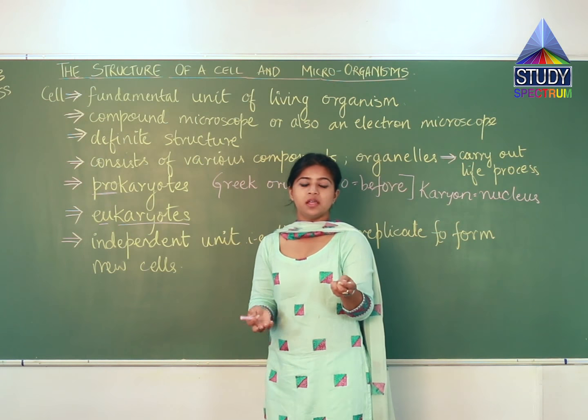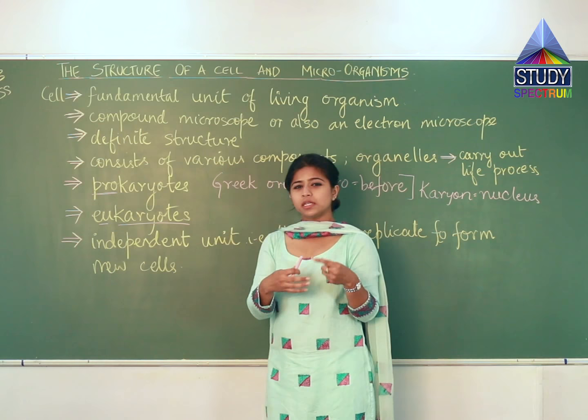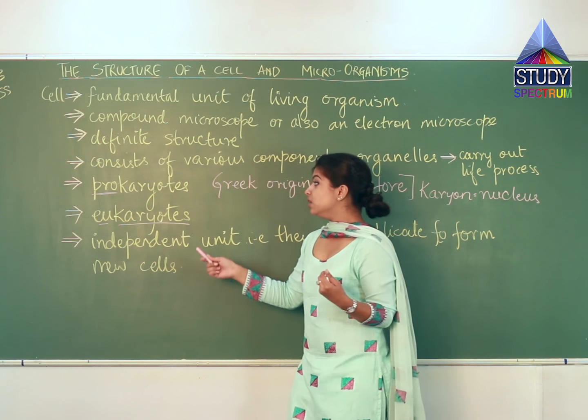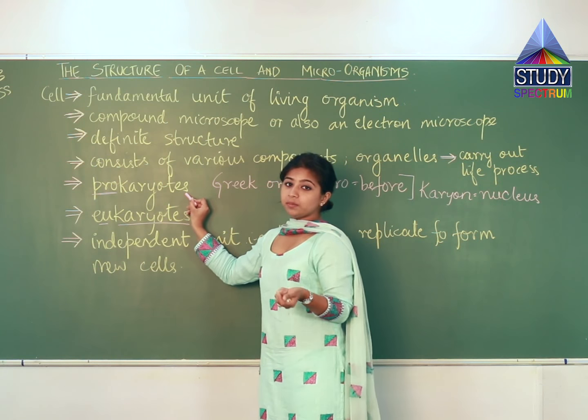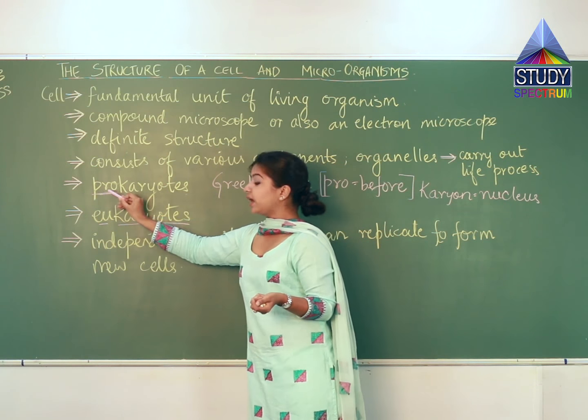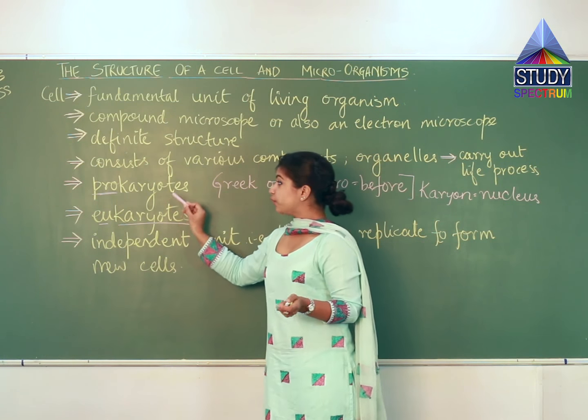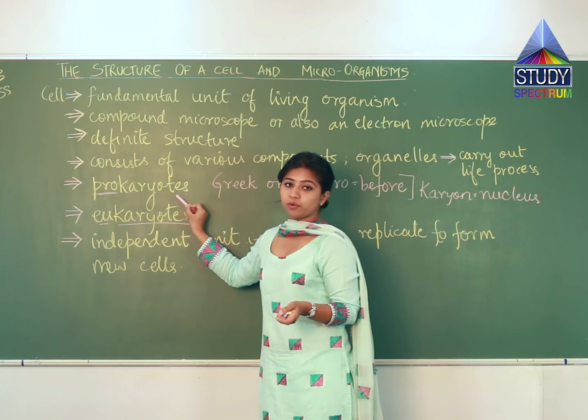Cytoplasm is nothing but the base of the whole cell that retains all of the organelles in it. And they did not even have a very well defined nucleus for that matter. So for that reason, they were classified as prokaryotes.